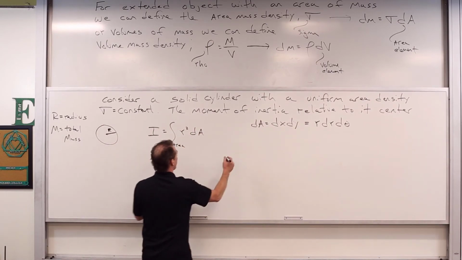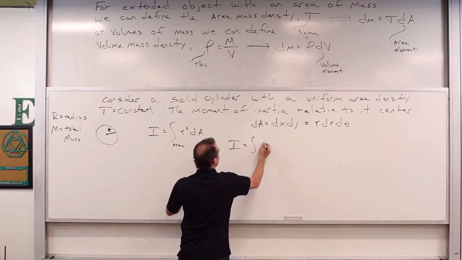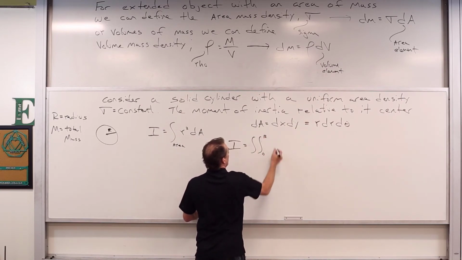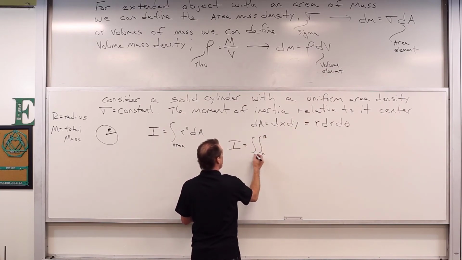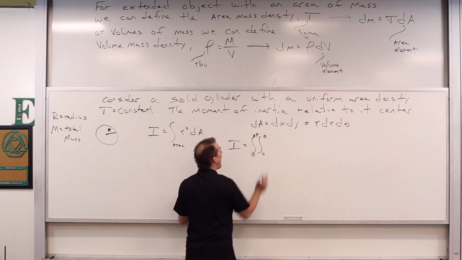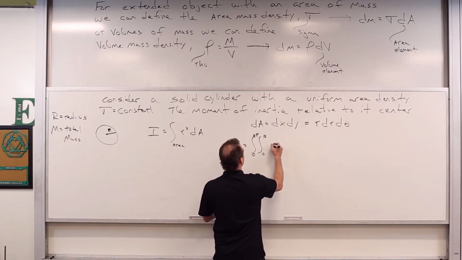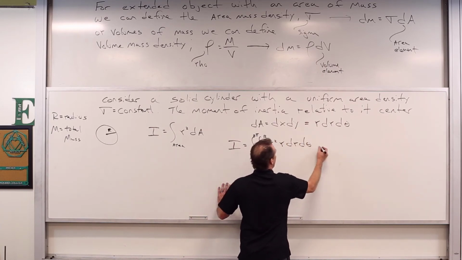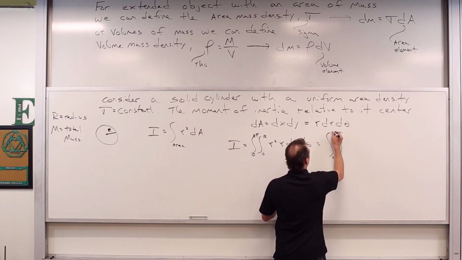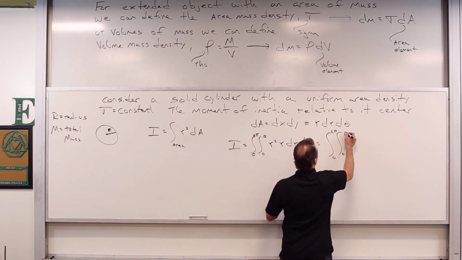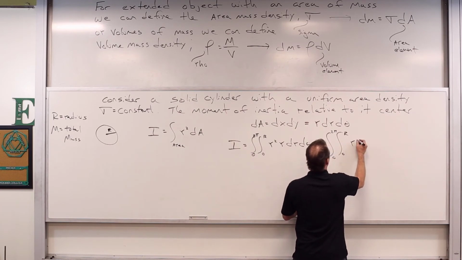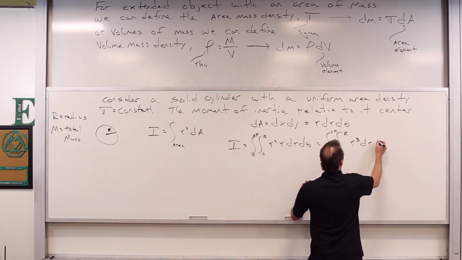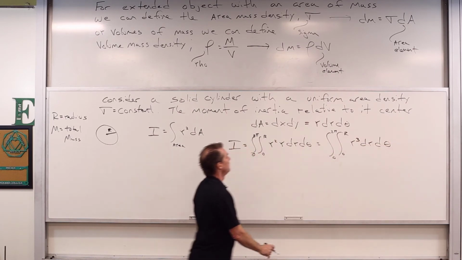Anyways, at that, we can write then that I is equal to the integral over r from 0 to r, and the integral of theta from 0 to 2 pi of r squared r dr d theta, which is then that double integral from 0 to 2 pi, 0 to r of r cubed dr d theta.